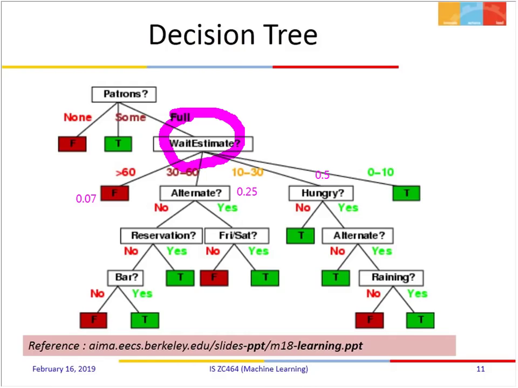So with these, what are the values? I am having V1 as more than 60 minutes wait. Likewise, you have V2 as 30 to 60 minutes wait, right?